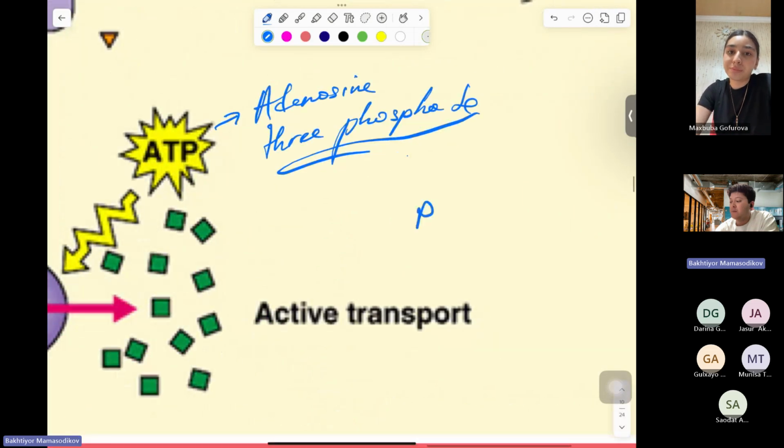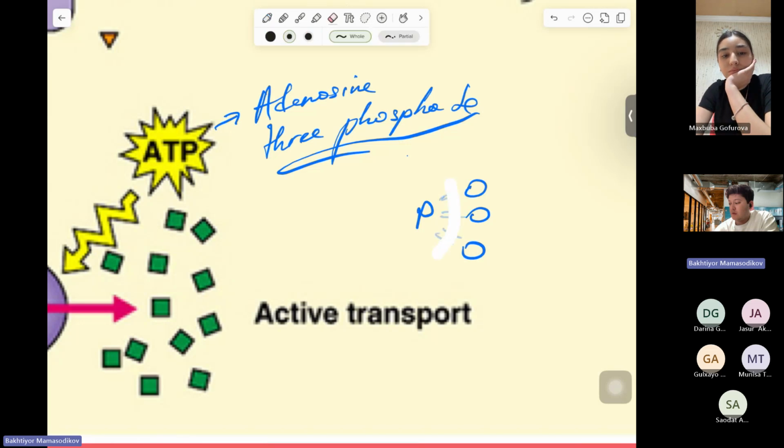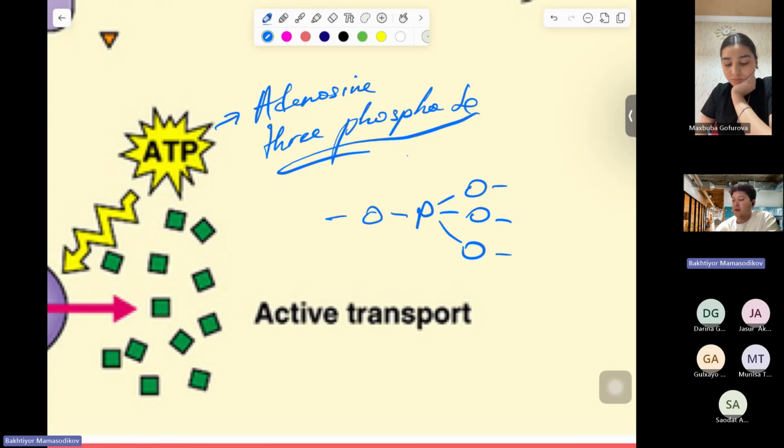This is the phosphate molecule. We have the energy stored in these phosphate molecules, and we have three of them.